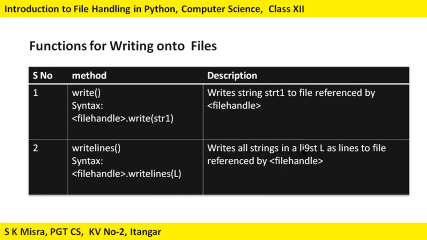By mistake I have written list twice. So it writes all the strings present inside this list L into the file which is pointed by the file handle. This argument L we are specifying here is actually a list which contains a set of strings as elements. So all the strings will be written into the file. Now let us execute both the functions, then we will go to the append part.